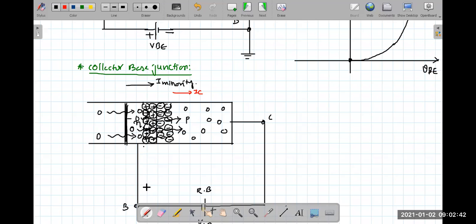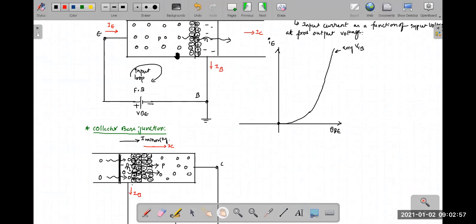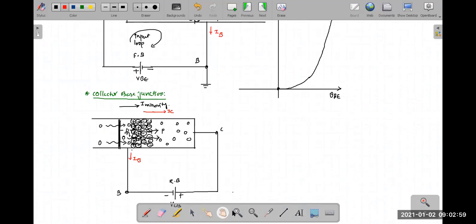That's not what we want. We want them to reach the collector. Got the point? So small current to the base, huge current to the collector. Understood the logic? So in fact, this was the reason why we have forward biased the input loop and reverse biased the output loop.